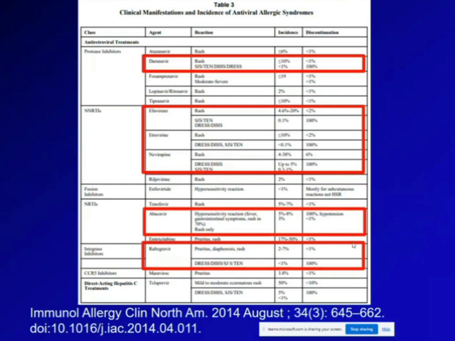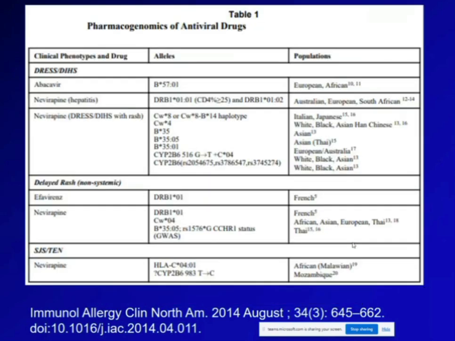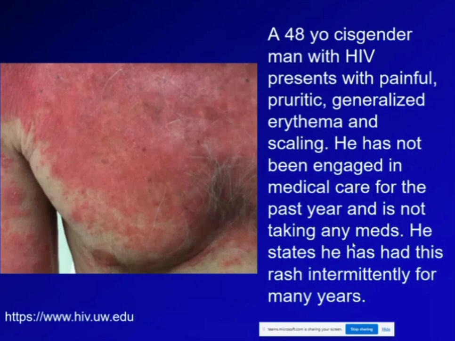You'll notice all of them are pretty much due to toxic epidermal necrolysis, like severe skin reactions, with the only exception being abacavir, which has this hypersensitivity reaction that's systemic, not just the severe skin manifestation. And I thought this was interesting: the different alleles in the populations in terms of the genetic basis for why people have bad reactions to these different drugs.